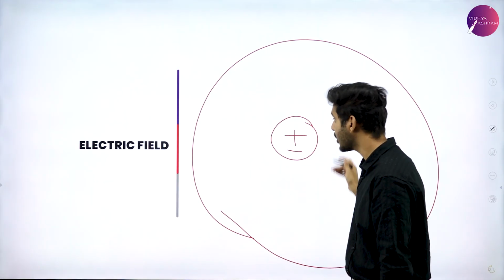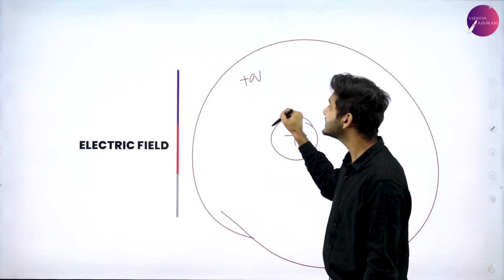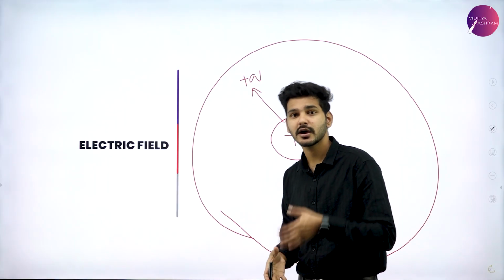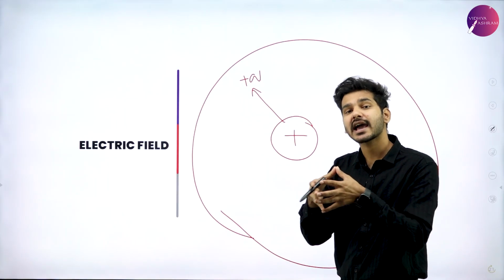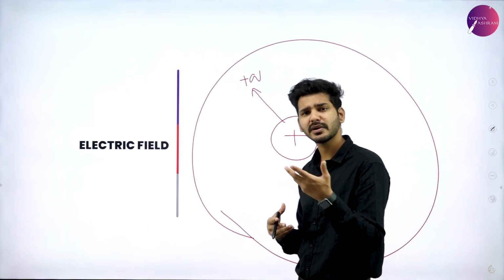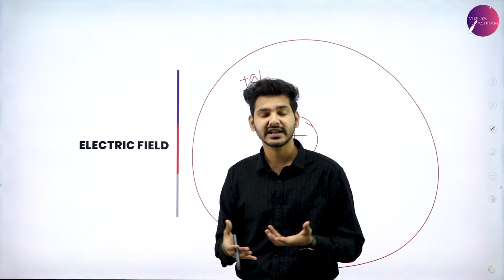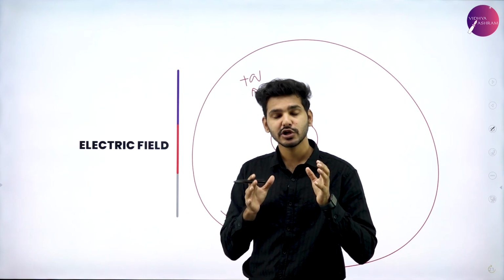And within that area, if you place a positive charge, it will experience a force. And we have clearly explained that by Coulomb's law. This is actually termed the electric field. So to put it in simple perspective, imagine that you are in a river. The river is flowing and you are in it.